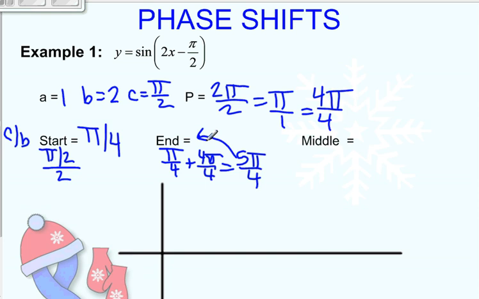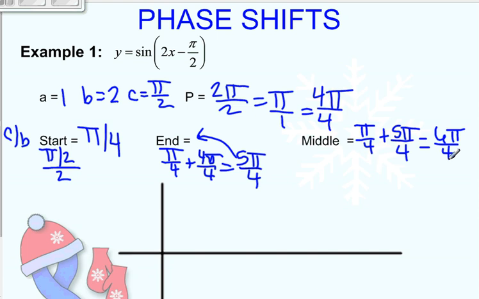And to get the middle, we're going to have to divide. So we're going to have pi over 4 plus 5 pi over 4, all over 2. We'll add these together first and then divide by 2 to make it simpler. So we get 6 pi over 4.